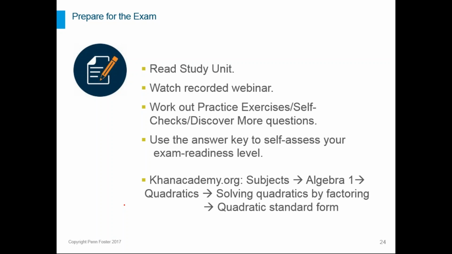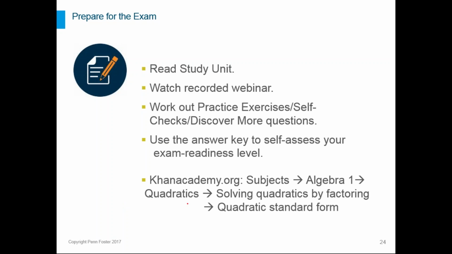If you want more videos or help on this topic, you can go to khanacademy.org. Go on Subjects. It's going to be on the top left corner of the page when you go there. Select the course Algebra 1, and then select Quadratics.